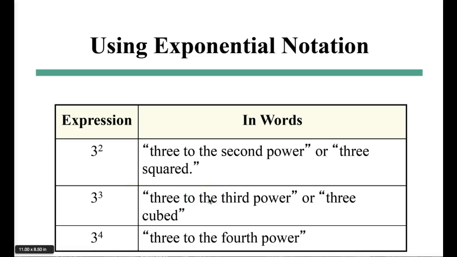And then anything beyond a power of 3, we just say whatever the base is raised to whatever the power is. So 3 raised to the 4th power would be here. If we had 10, we'll say this as 10 raised to the 7th power, okay? Or if we had 2 and the exponent was 13, we would say 2 raised to the 13th power.